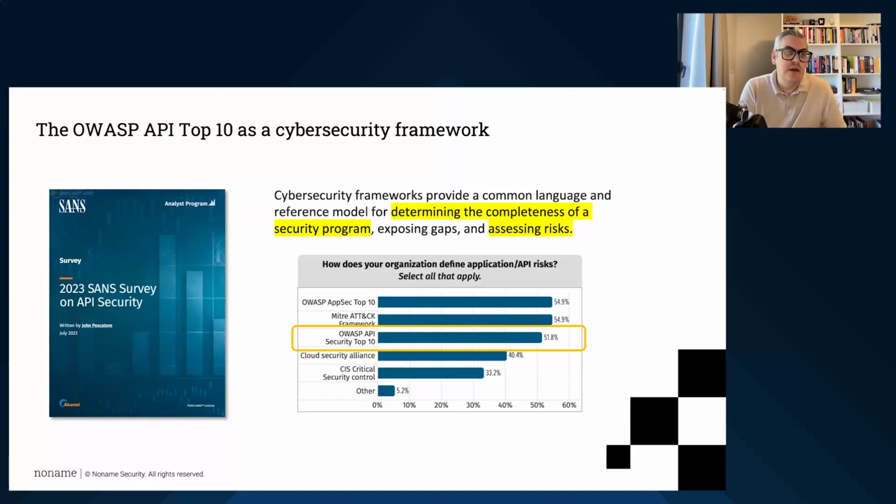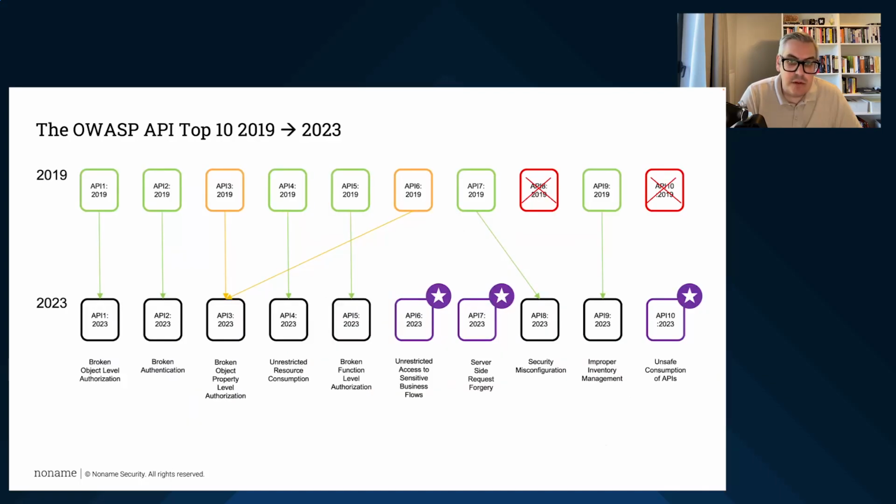If we look at the old version compared to the new one, so the 2019 one on the top of the slide there compared to the 2023 version, we see that quite a few categories survived. Some were consolidated, some changed positions a little bit, and only 3 new ones were introduced.